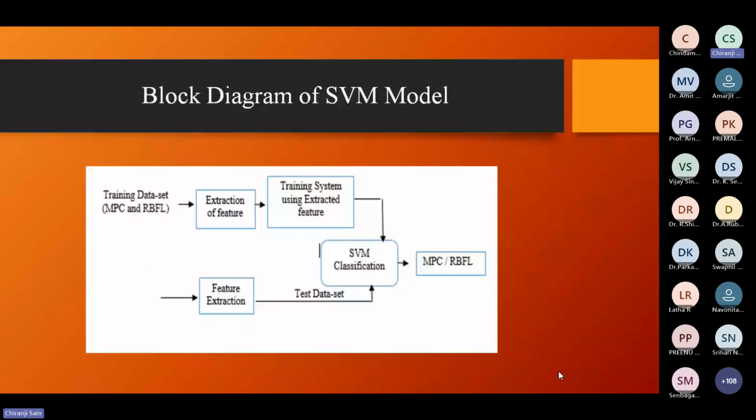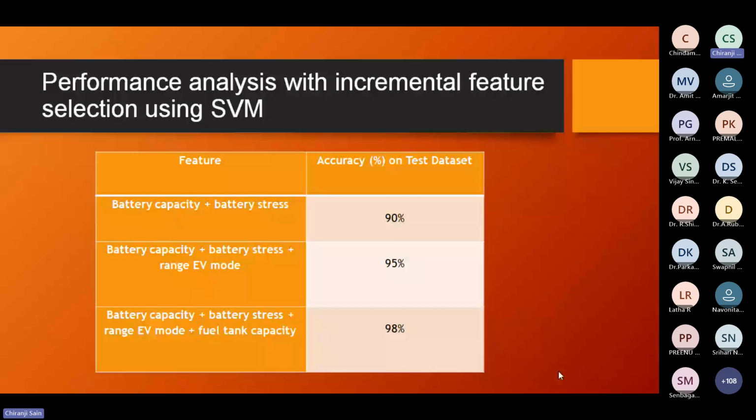And while performing this incremental feature selection, employing the SVM classification problem, you could see that when only the battery capacity and the battery stress are taken into consideration, the accuracy was 90%.